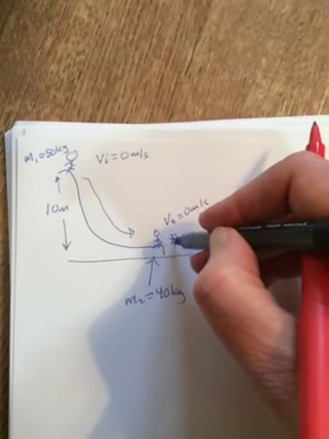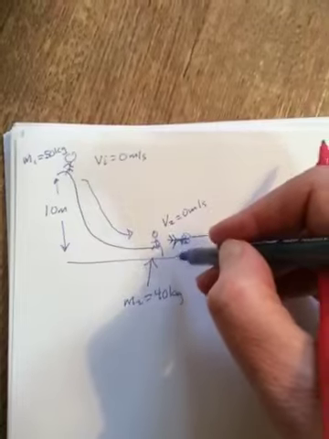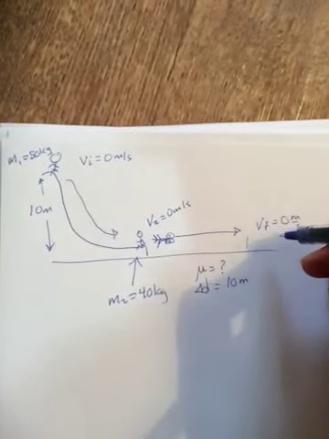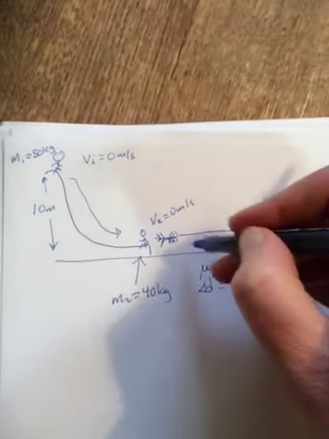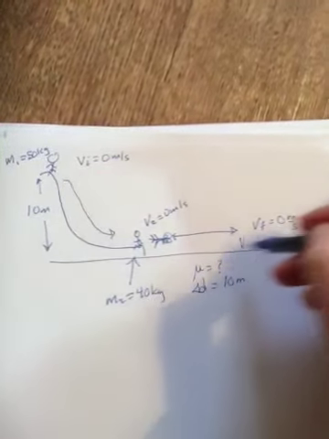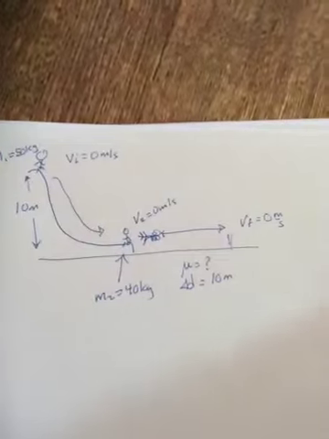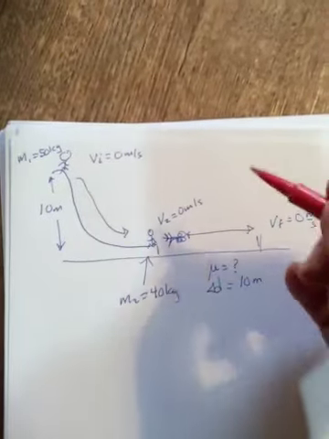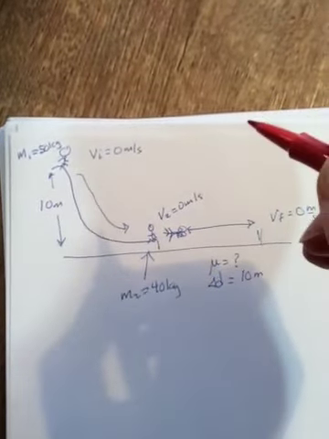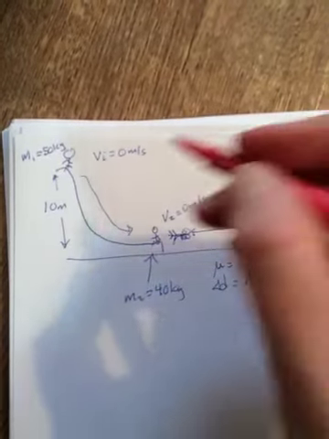There's a mess of arms and legs and body parts, and they go sliding across the playground for 10 meters. The question is, what must be the coefficient of friction of the playground if they eventually come to a stop 10 meters later?